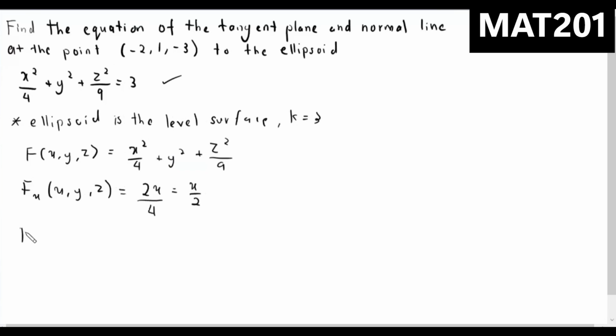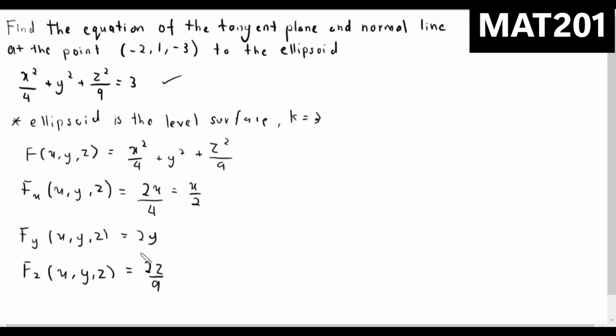Then f sub y: focusing on the second term, y squared gives 2y. And the third one, f sub z, focusing on the last term, is 2z over 9. So we have all those three.